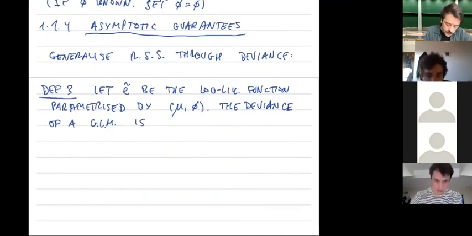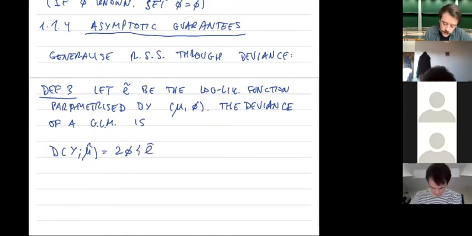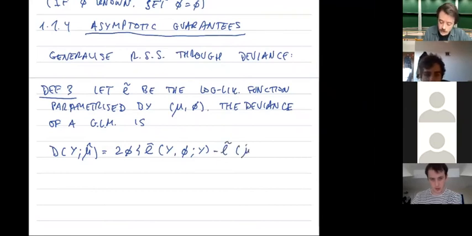Generally one writes D, and this is D of y, mu hat, and is going to be given by 2 times this dispersion parameter, and then the difference between the L tilde at y. Remember, L tilde now is a function of mu and phi. So in the mu, we're going to substitute the y actually. So for clarity, I'm writing now the dependence on everything, and L tilde, and then here we have the mu hat, phi, y.